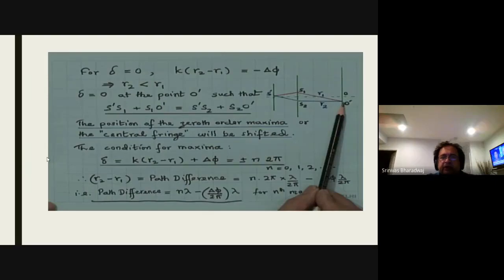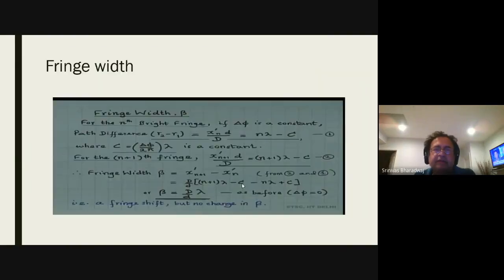Therefore that delta phi should produce something as n times 2 pi. Therefore the path difference will have this added term, R2 minus R1 equals n lambda minus delta phi divided by 2 pi times lambda, and that is the important idea.